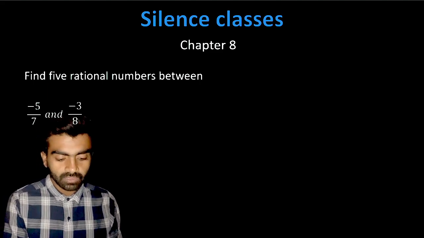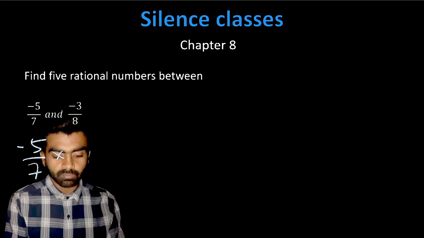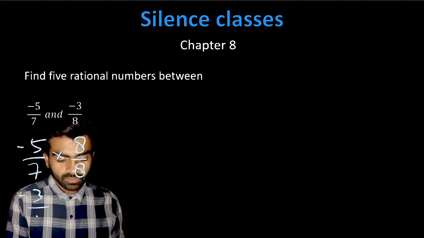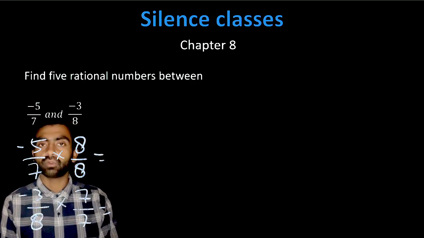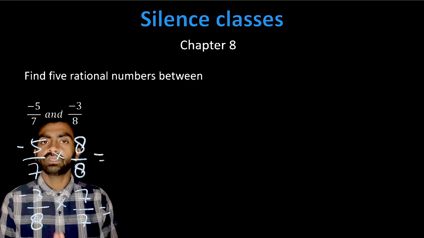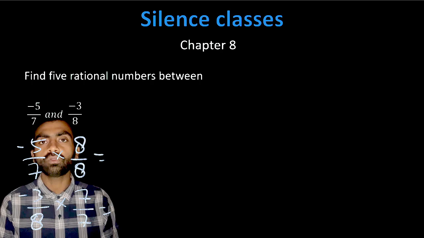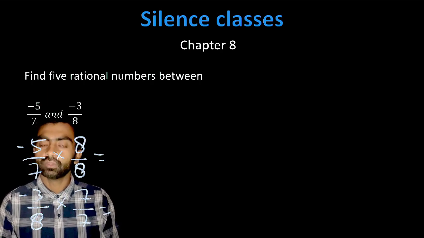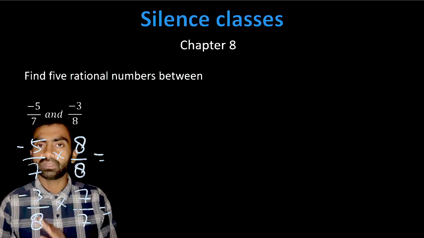We can multiply -5/7 by 8/8, and multiply -3/8 by 7/7. So we will get equal denominators. First of all we have to do this. Without making the denominators equal we cannot solve this particular question.